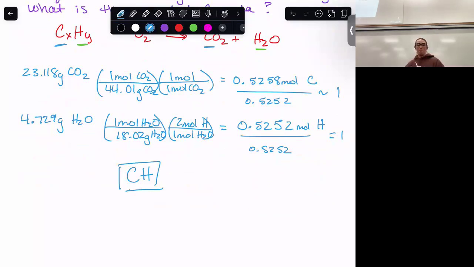Okay. The empirical formula is our most reduced version of that compound. Right, when you were looking at, go ahead. Yep, so we have the number of moles of carbon and the number of moles of hydrogen. In order to find that ratio that's needed for our empirical formula, we need to divide by the smallest number, because that will give us 1 as our ratio as a starting point for the smallest one.